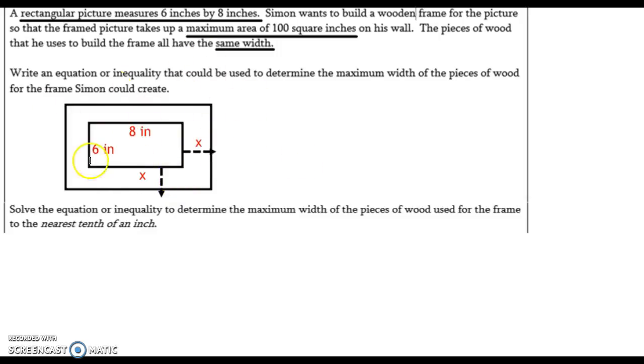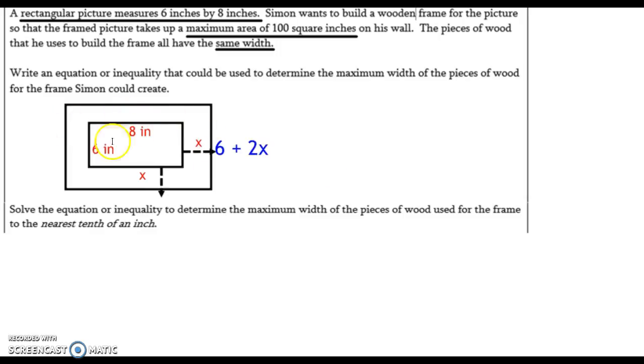If I wanted to identify the total dimensions, the trick to it is knowing that the picture is 6 from top to bottom. But this whole piece from here to here is 6, the piece in the middle, plus x for this part of the walkway, or border, or frame, and x for this part of the frame as well. So the total width is going to be 6 plus 2x.